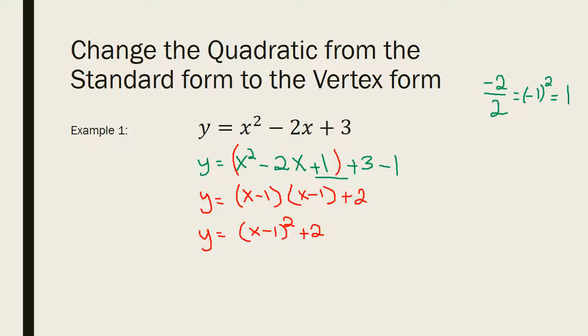This is the vertex form of the standard form for this equation. The vertex for this parabola is going to be 1, which is the number inside with the x, and then 2. And this is how we change the standard form into the vertex form.